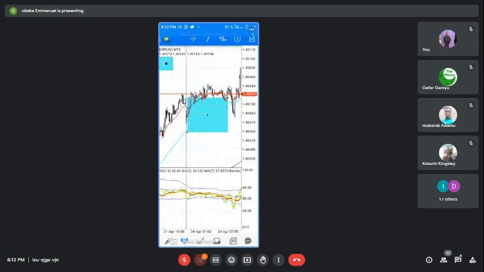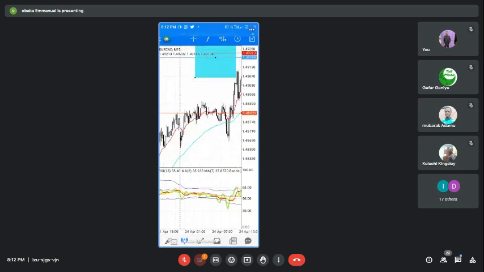Now look at what happened. In your liquidity zone, you started seeing something like this. Please, if in your zone you are seeing something like this, it is nonsense. Don't expect that zone to be a liquidity zone again.